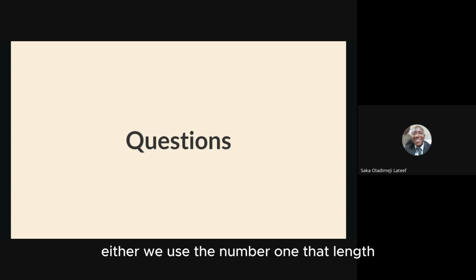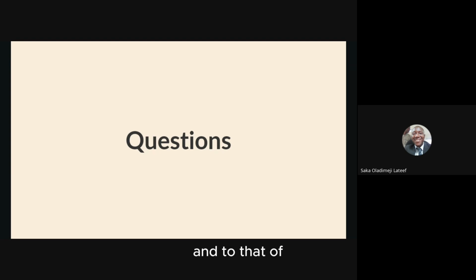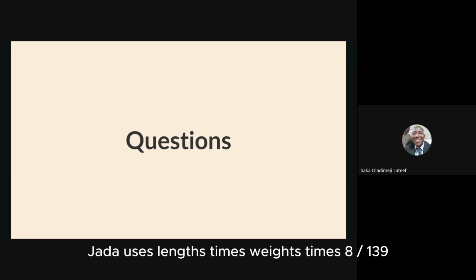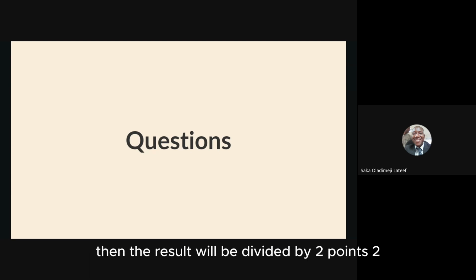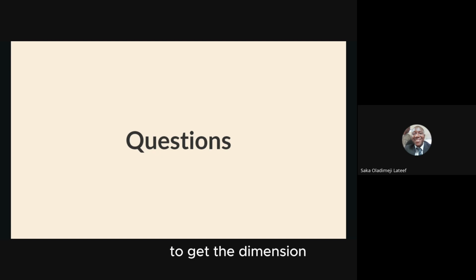Either we use the normal one, length times breadth times height divided by 5,000, or that of Ship to Niger, which uses length times width times height divided by 139, then the result is divided by 2.2 to get the dimension. Would that be accurate?